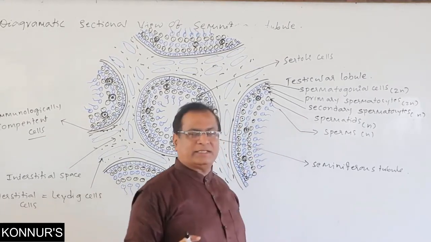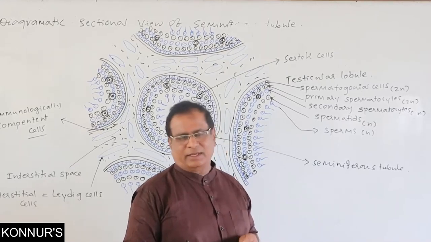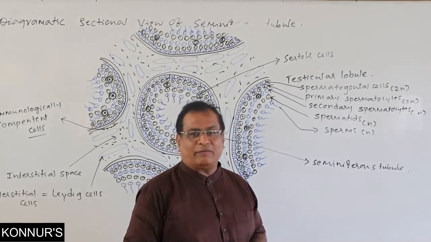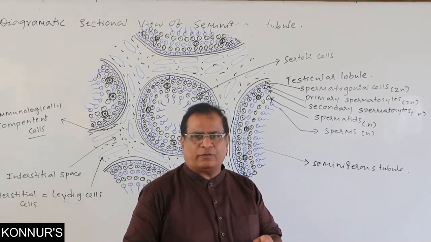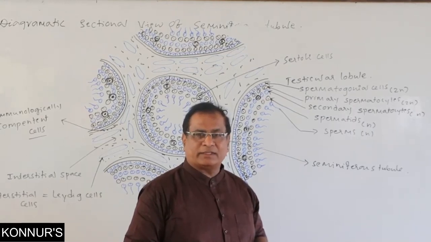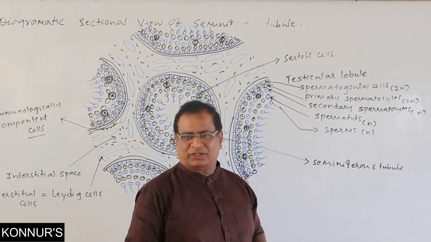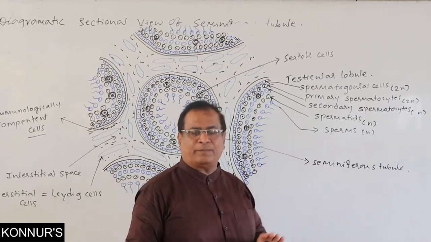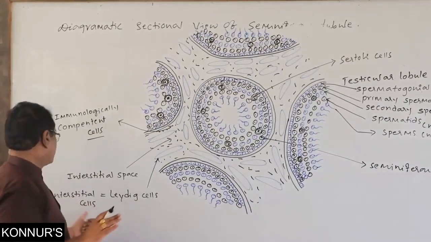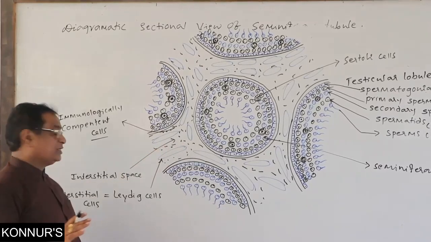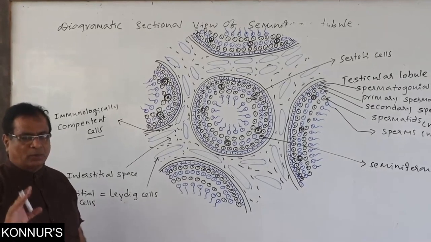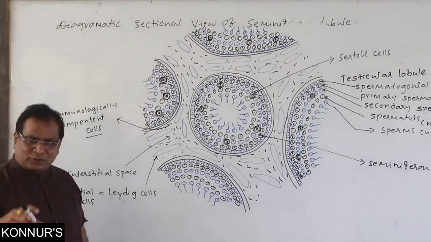This production takes place continuously, right from the puberty age of males up to 75 years of old age. And Leydig cells or interstitial cells in the interstitial space are meant for the production of testosterone.